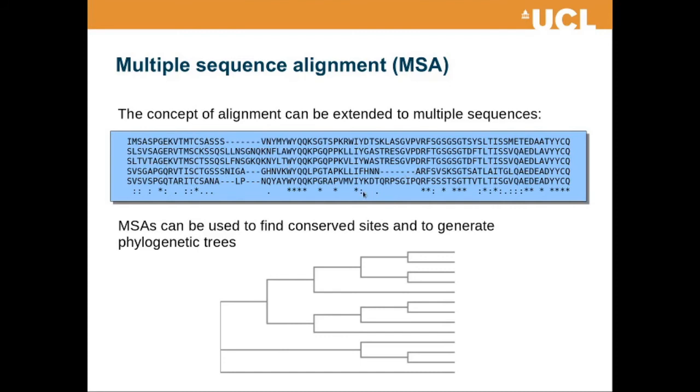The ones that have a colon are very similar amino acids across all of the sequences. The ones with a dot are somewhat less similar, and the positions with no symbol at the bottom are residues that are quite different.